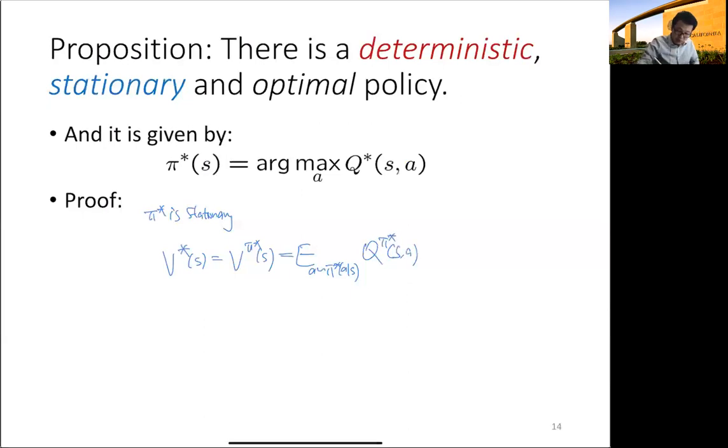This is obviously smaller than the max over A of Q pi star of S, A. Since pi star is optimal and stationary, this is also the same as the max over A of Q star of S, A. All right, so this is by the fact that pi star is optimal.